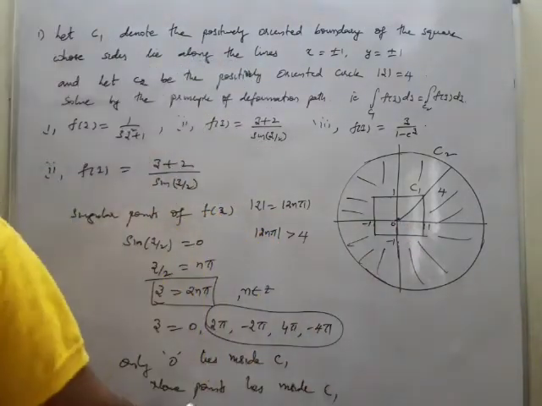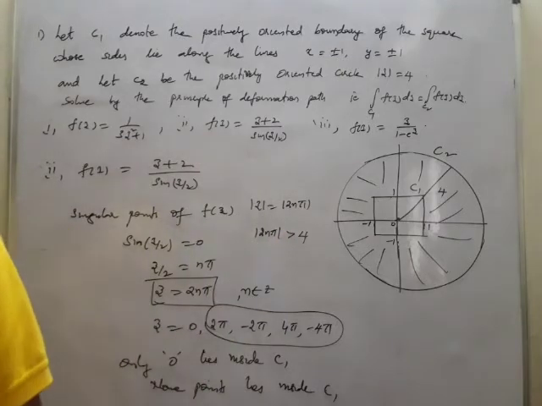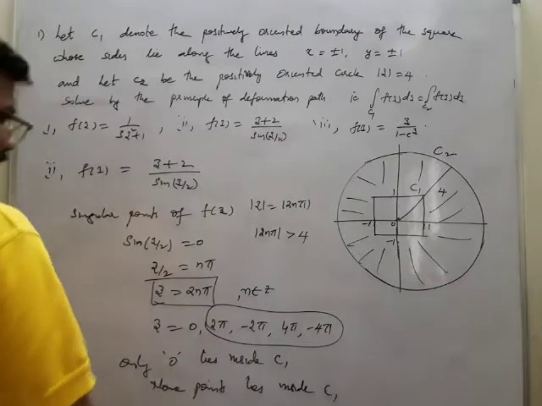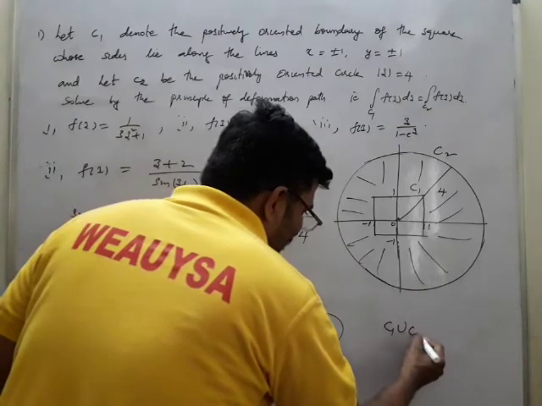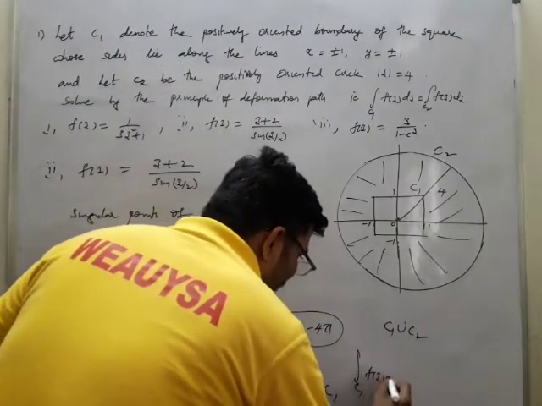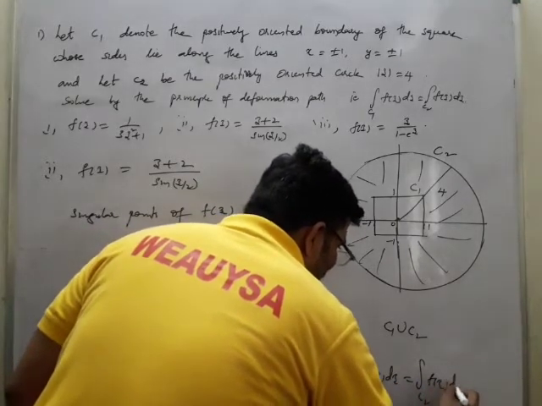So therefore we can say that none of the singular points lie on the shaded domain, and none of the points lie on C1 and C2. So I can say that the integral over C1 of f of z dz equals the integral over C2 of f of z dz.